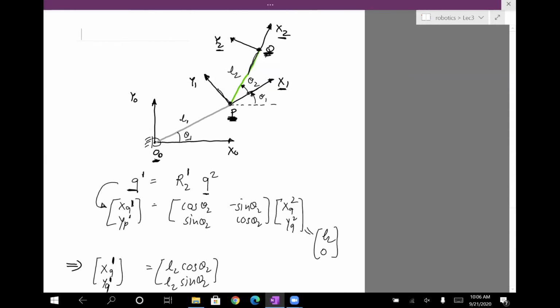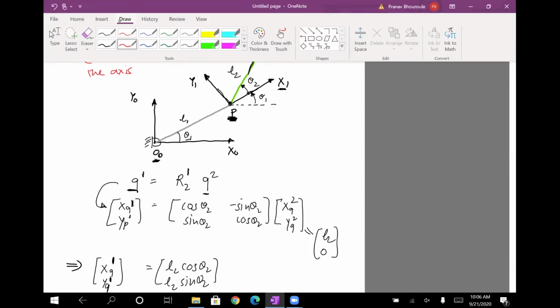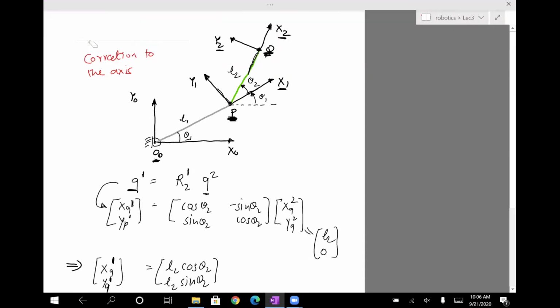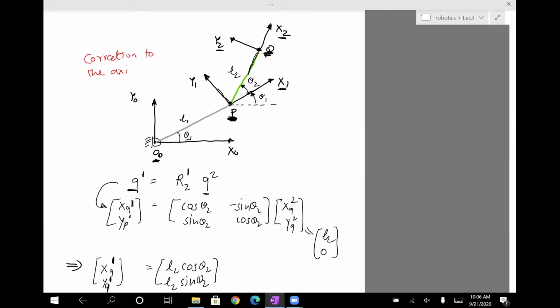If you want to do this correction, you can do it right now, or I'll just post this as a corrected file. So, correction to the axis. So I'm erasing this axis. Well, I didn't have to do that. Hold on. Let me undo that. I'll erase this axis.